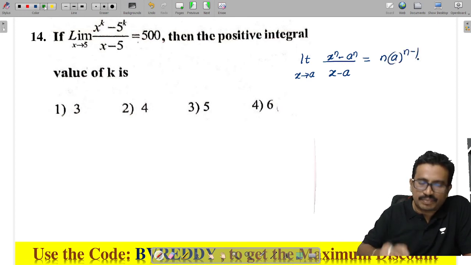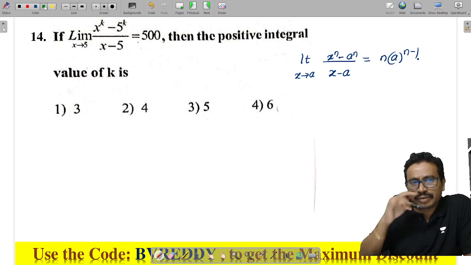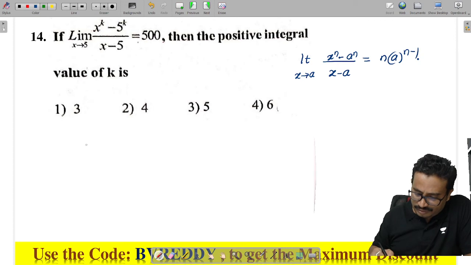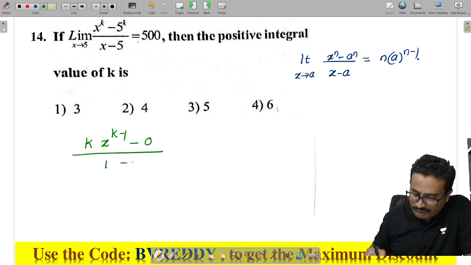If not, we can simply apply L'Hospital rule here. That is k into x power k minus 1 minus 0, by 1 minus 0. And as x tends to 5, replace here.